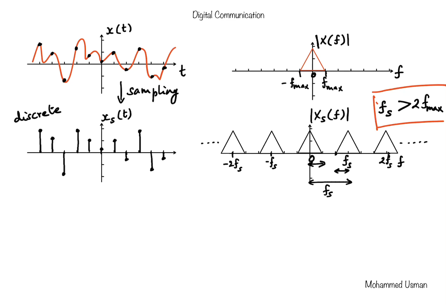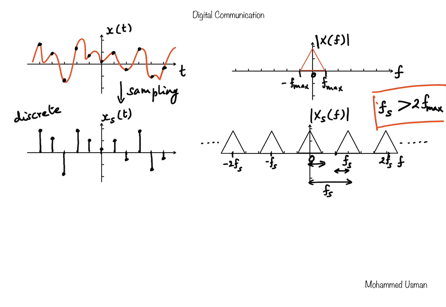Because, just to re-emphasize, this distance here is f max, and this distance here is also f max. So f max plus f max, that's 2f max, plus some extra spacing. So the total distance starting from 0 to fs is going to be 2f max plus this extra spacing, whatever that is. So this is the spectrum for the case where the sampling rate is more than the Nyquist rate 2f max.